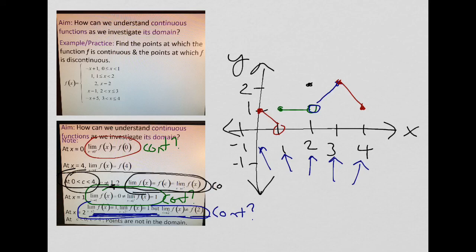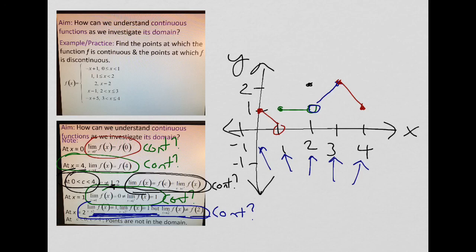Is it continuous or not? Last, when x is equal to 4, the limit of f of x as x approaches 4 from the left equals f of 4. Can we say that it's continuous at x equals 4? Yes or no? If it's discontinuous, you just write x equals 4 is discontinuous.